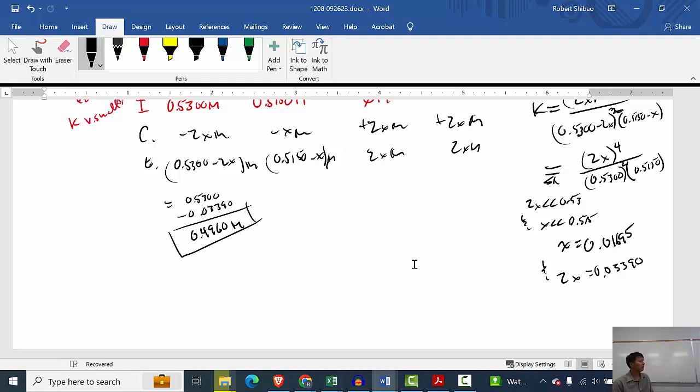This is going to be 0.5150 minus x, so 0.515 minus 0.01695.